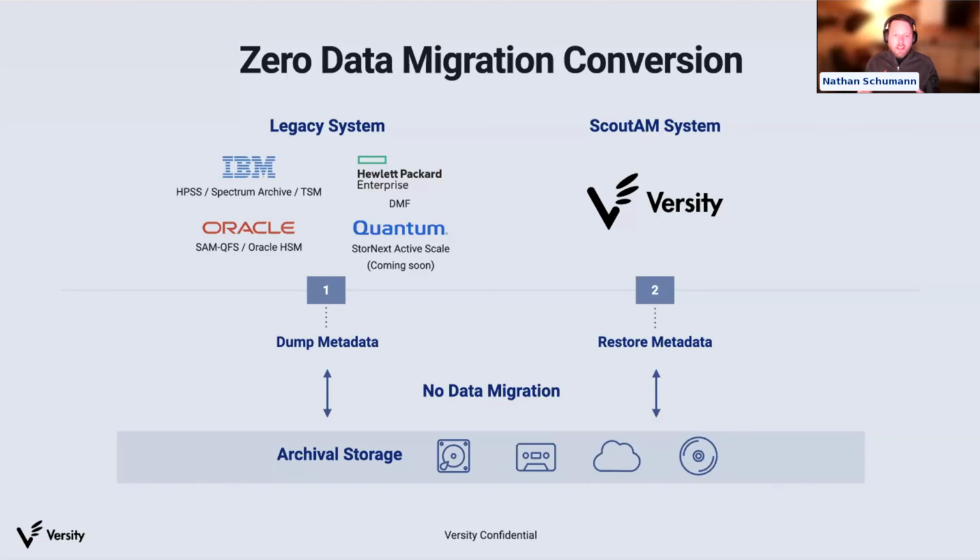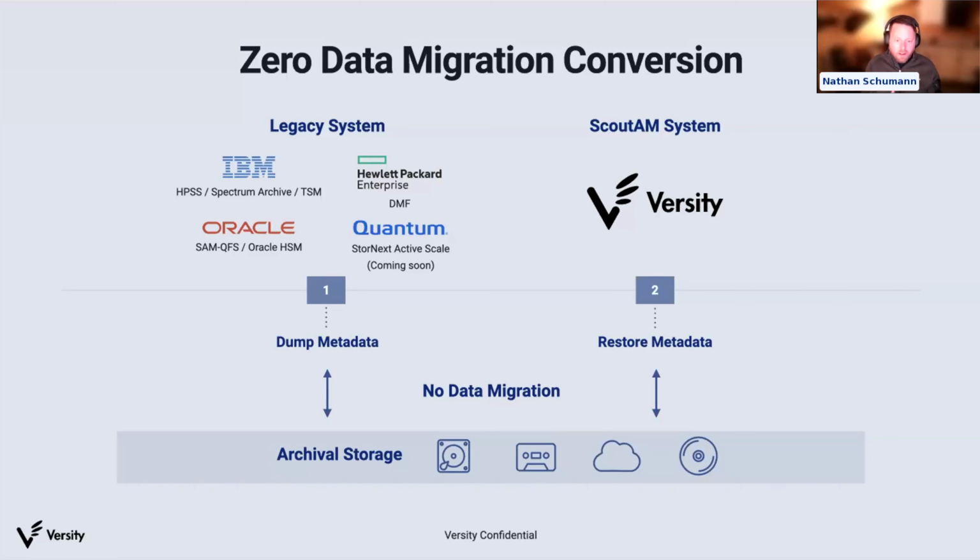So this gives you the capability to do what we call an in-place conversion. There's no data migration. There's no need to take time to read every single tape and then rewrite it out to new tape. We can onboard you with one of the supported platforms in a very short period of time.